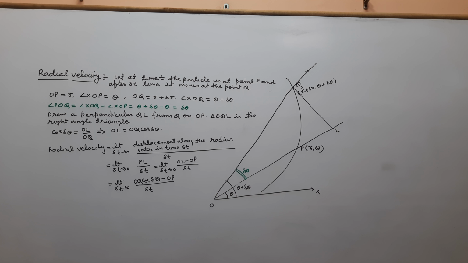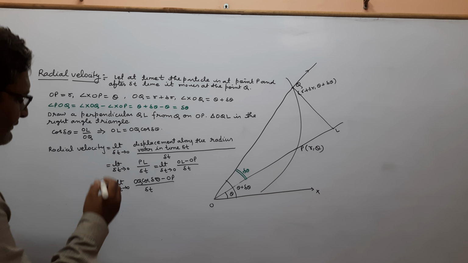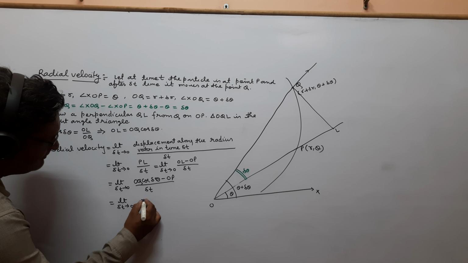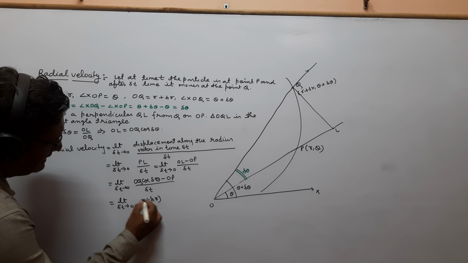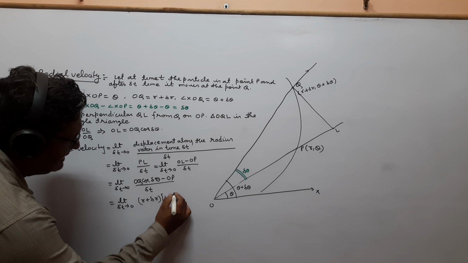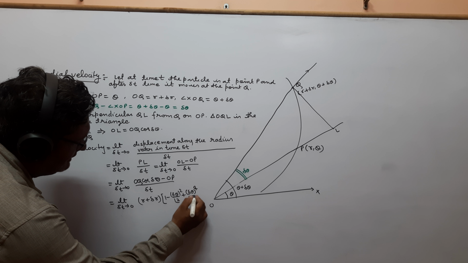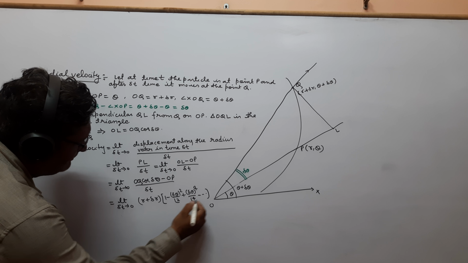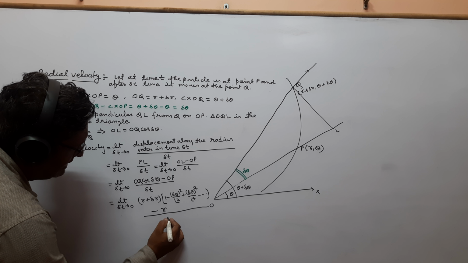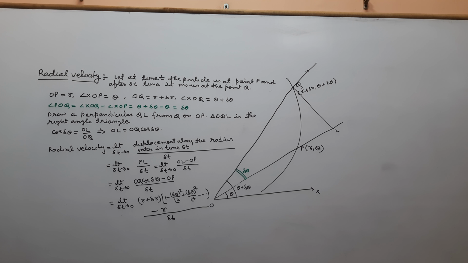And OQ is the radius vector, which is equal to r plus del r, and we know that the expansion of cos del theta is 1 minus del theta whole square by factorial 2 plus del theta whole power 4 by factorial 4 and so on, and minus OP, which is equal to small r, divided by del t.